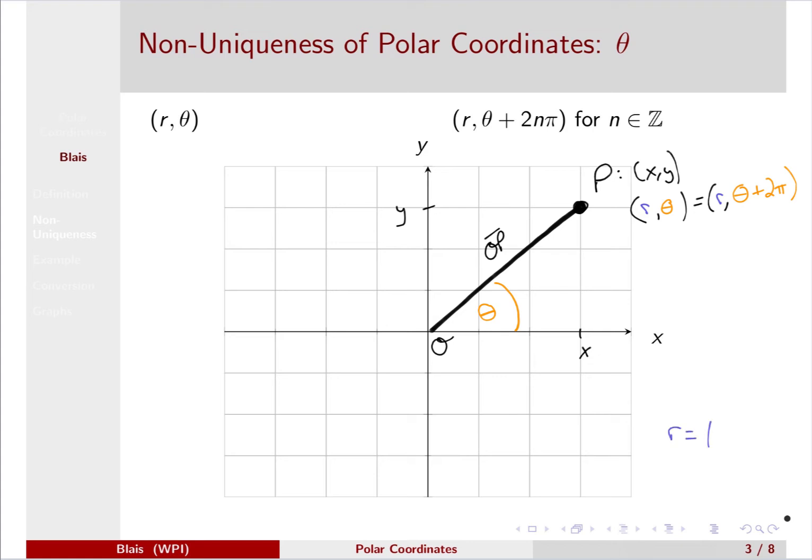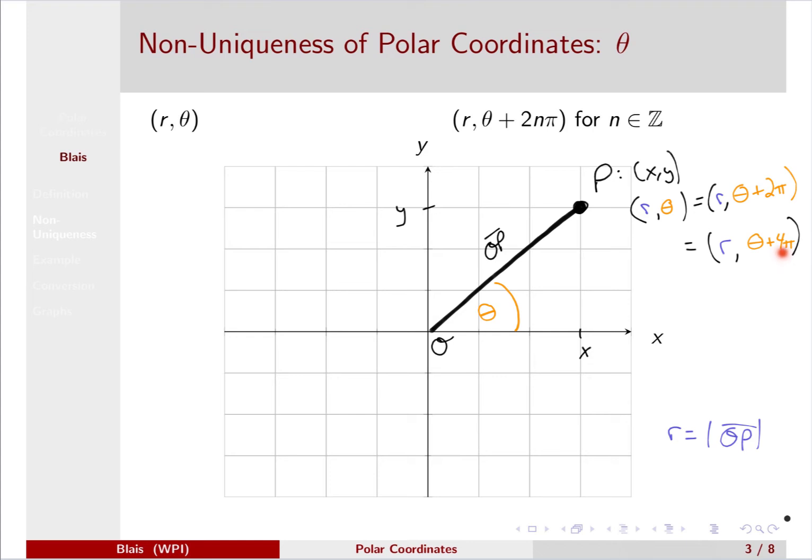But we could have gone around twice. We could have gone around 2 pi and then another 2 pi. So we could have also written this as (r, theta plus 4 pi). And then we can see, if you keep doing this, it could have been theta plus 6 pi, 8 pi, 10 pi, any even integer multiple of pi.